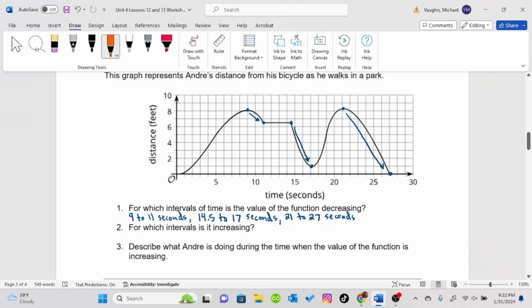Number 2. For which intervals is it increasing? Well, we can see from the beginning point at about 0.5 until the point at 9 seconds. We can see that the y value increases.